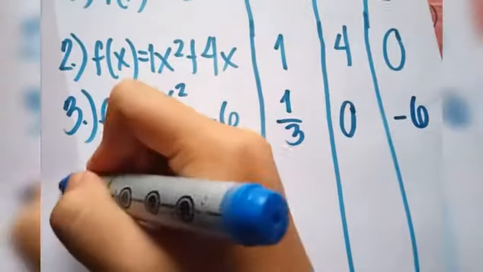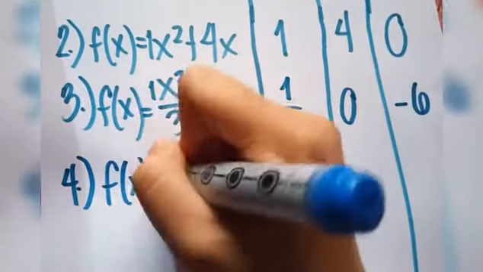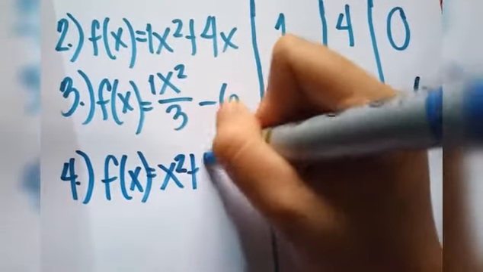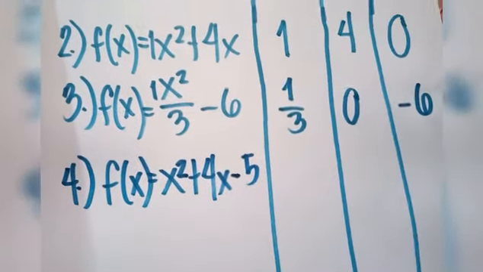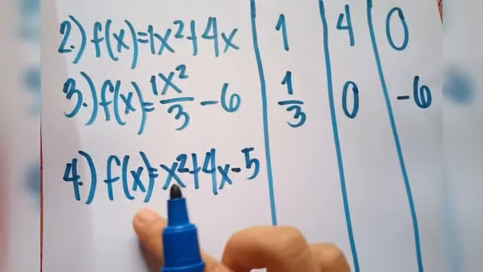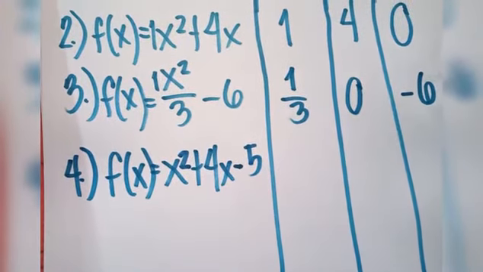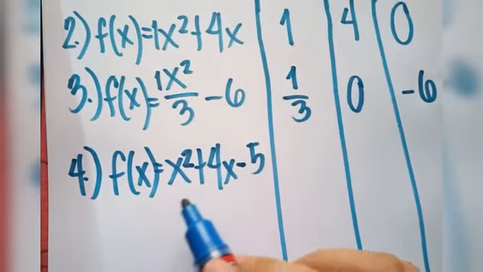Next, number 4. So, we have here f of x is equal to x squared plus 4x minus 5. So, dito sa ating quadratic function, ito ay complete quadratic function siya. Or this is the standard form of quadratic function.